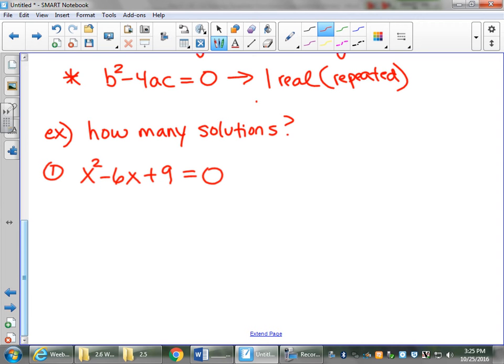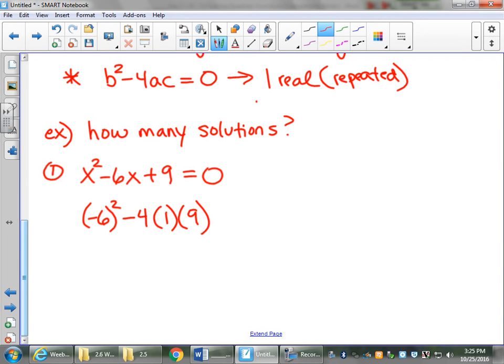And I'm going to sub the numbers not into the whole formula, but just the b squared minus 4ac. Please still keep the b in parentheses because of the negative. So b squared minus 4 times a times c.